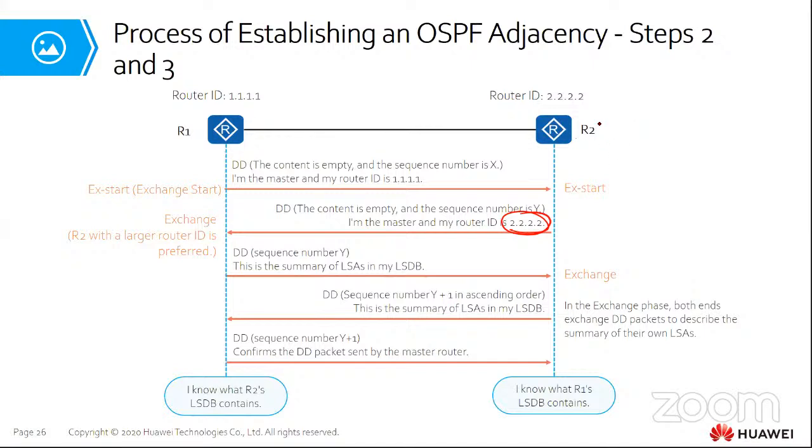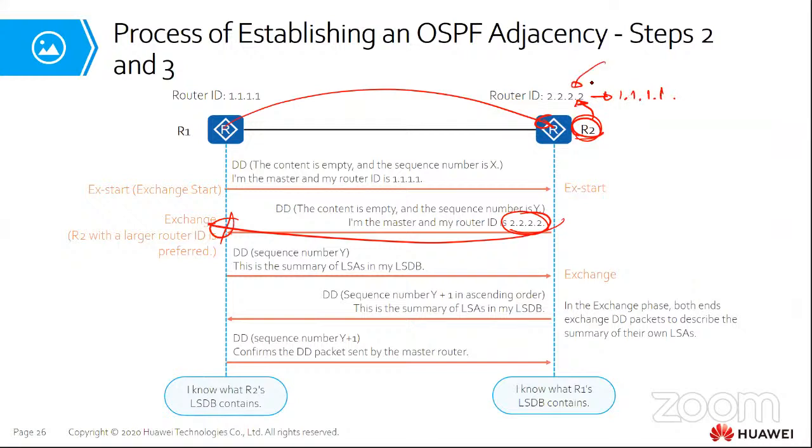So whereas router 2 had router 1 say, hey, I'm the boss, and router 1 had router 2 say, hey, I'm the boss, router 2 will silently compare its own router ID with router 1's router ID, and will see that its router ID is bigger. In the same way, router 1 will compare its own router ID with router 2's router ID, and will see that router 2 is bigger.